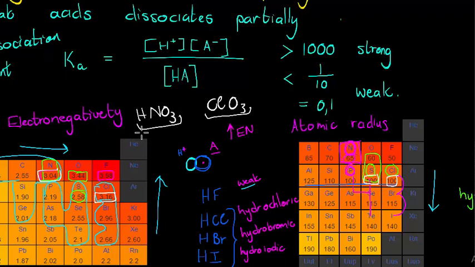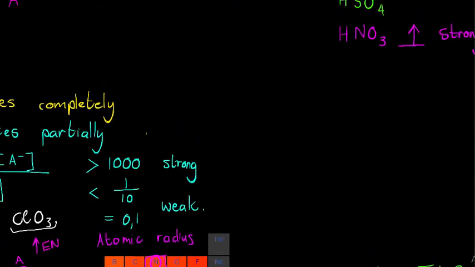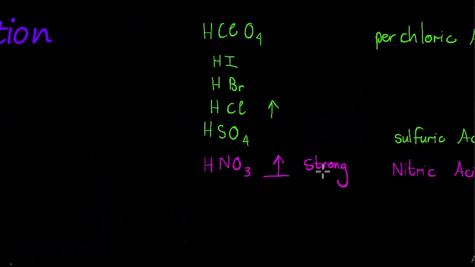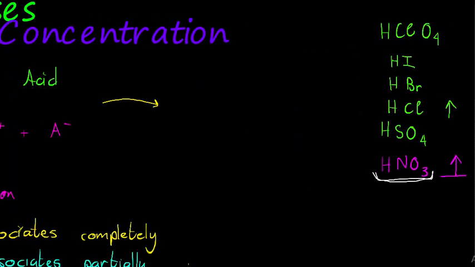But in fact they're not. I don't know why, I couldn't figure it out. So of all the things I had to remember, this would be the only thing. The rest I could figure out, but I'll have to remember that nitric acid is actually a fairly strong acid compared to the rest, and the rest seem to work out.